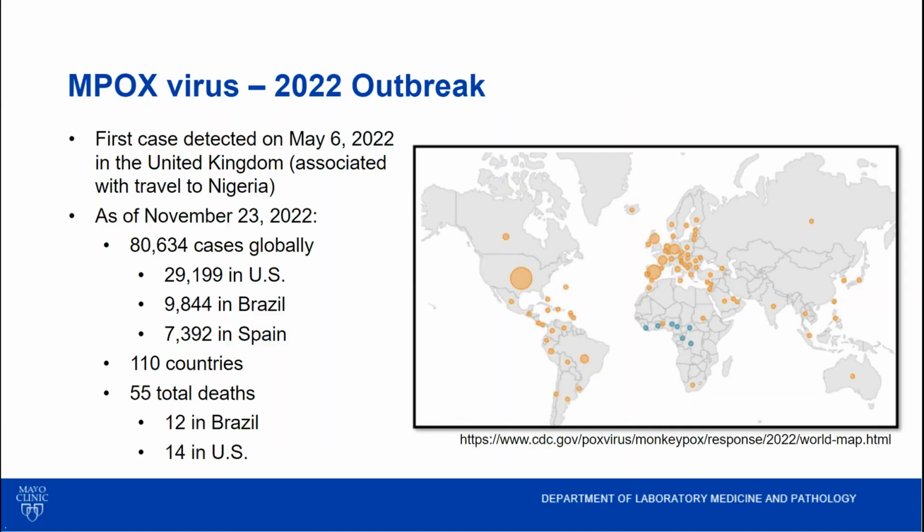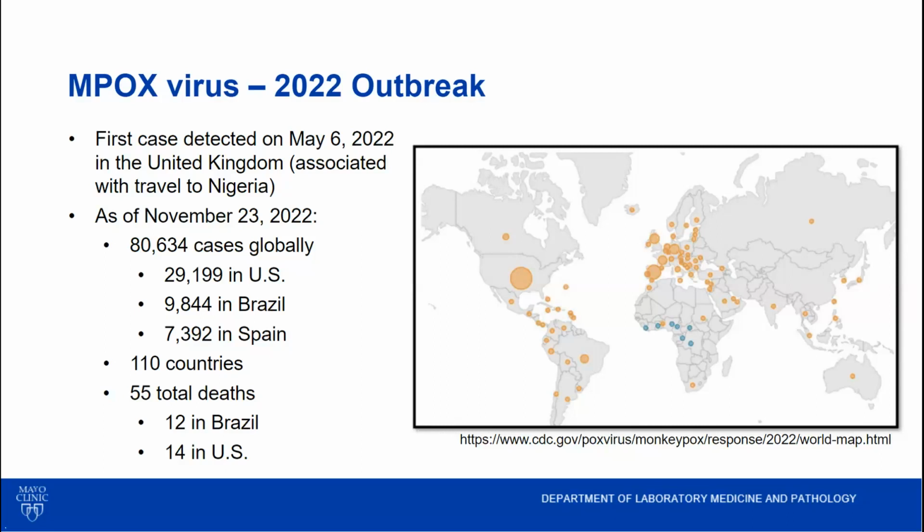So the 2022 outbreak. The first case was detected in early May of this year, and it was an individual who resided in the United Kingdom and had recently returned from travel to the country of Nigeria. As of a week ago, there are now over 80,000 confirmed cases globally.